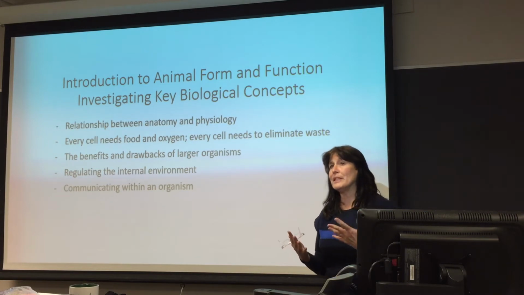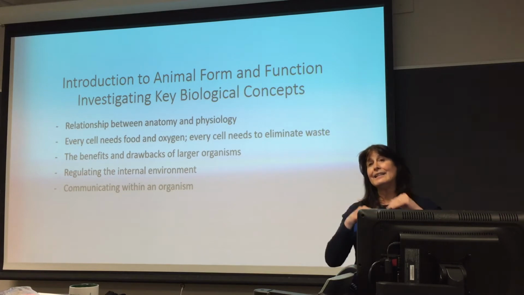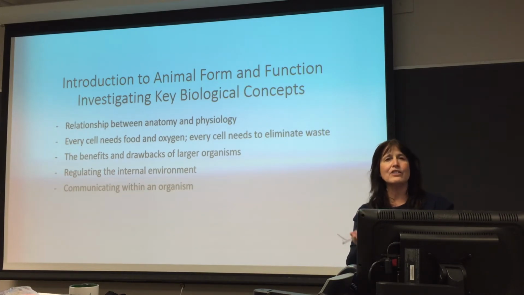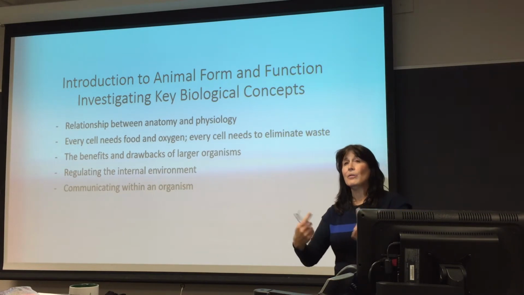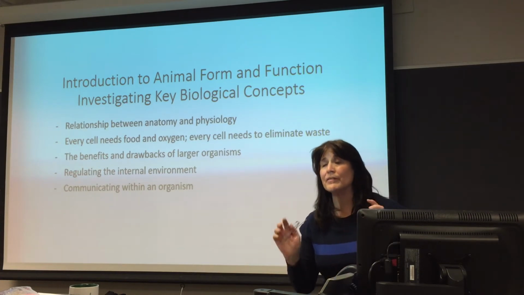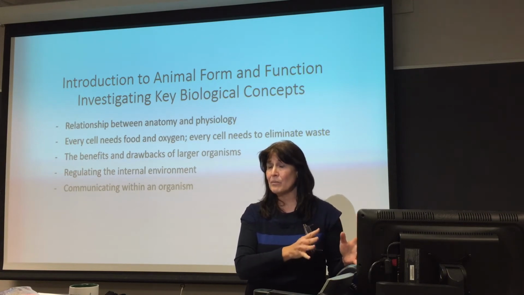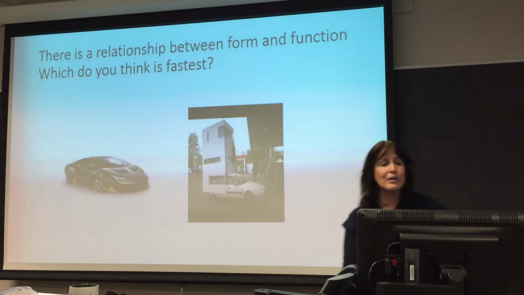We're going to go over a little bit today the benefits and drawbacks of being larger organisms. And today we're also going to look at regulating that internal environment and also how do we communicate within the different cells of the environment. And we'll talk a little bit, just a very brief entry right now, about the endocrine system, the use of hormones, and the neurological system. Okay? So let's just look at what we did last time.